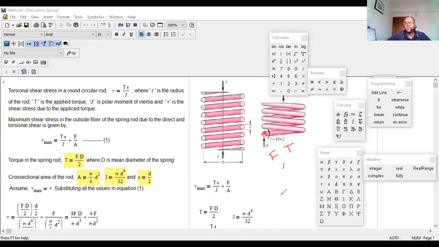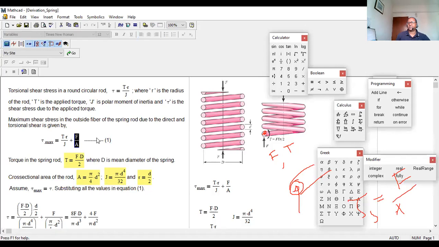What is the shear force F working? This is the ring surface, parallel right over here. That means this is shear force. So in that case, shear stress will be F divided by area. So that is this one, F by area, direct shear.